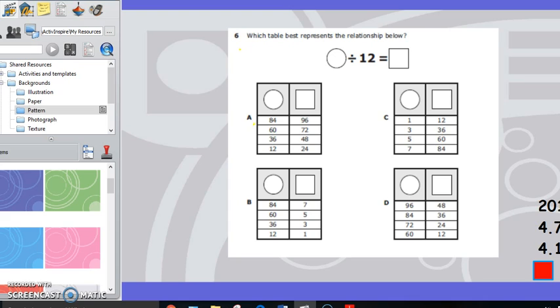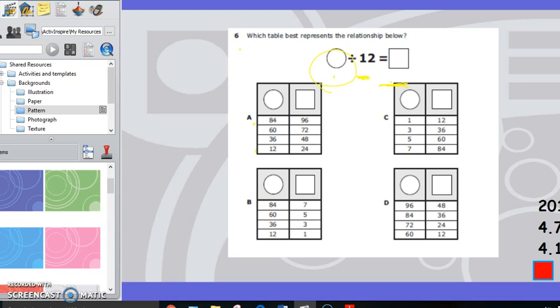So, I'm going to go with the lower numbers. But right off the bat, I can tell you that if you are getting a number and you're dividing it into 12 parts, your result is going to be smaller. You start with a big number and you end with a small number.